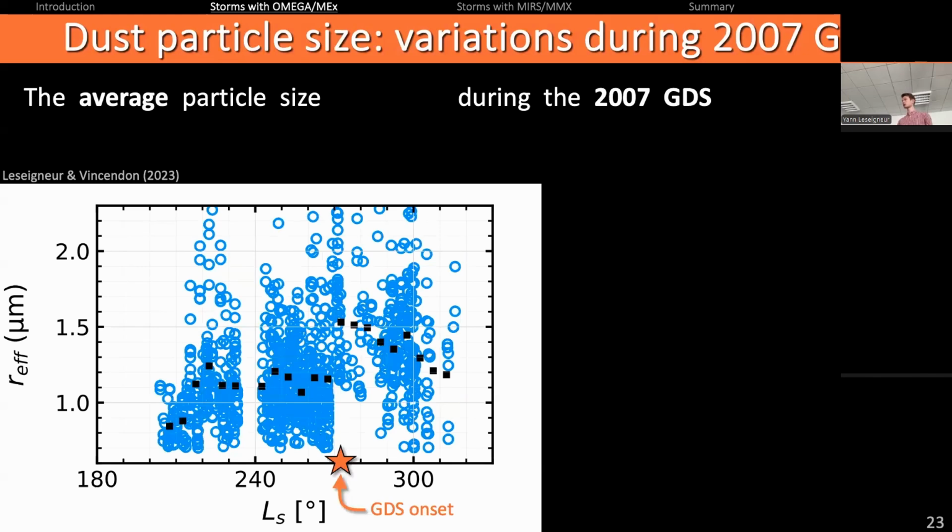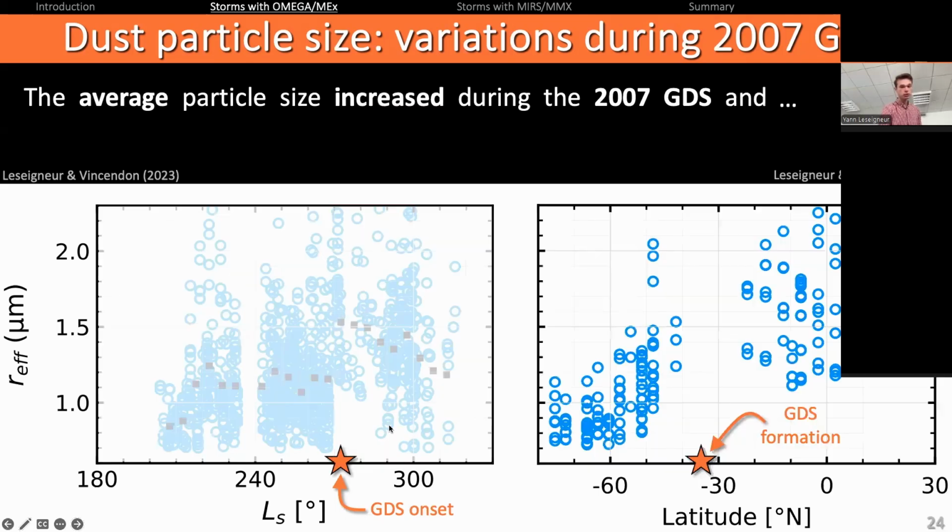And again, we can study different variations of this average particle size. Here, for the global dust storms of 2007, it's the variation in time as a function of the solar longitude, and we can see a large increase of the average particle size after the global dust storm onset. And we can also try to understand how the dust particles are diffused after the global dust storm onset, here with this variation as a function of latitudes.